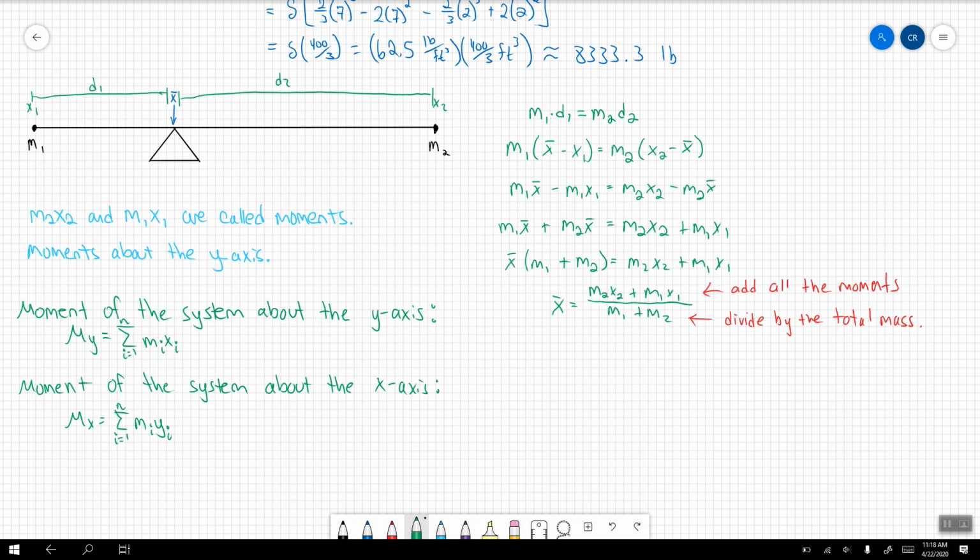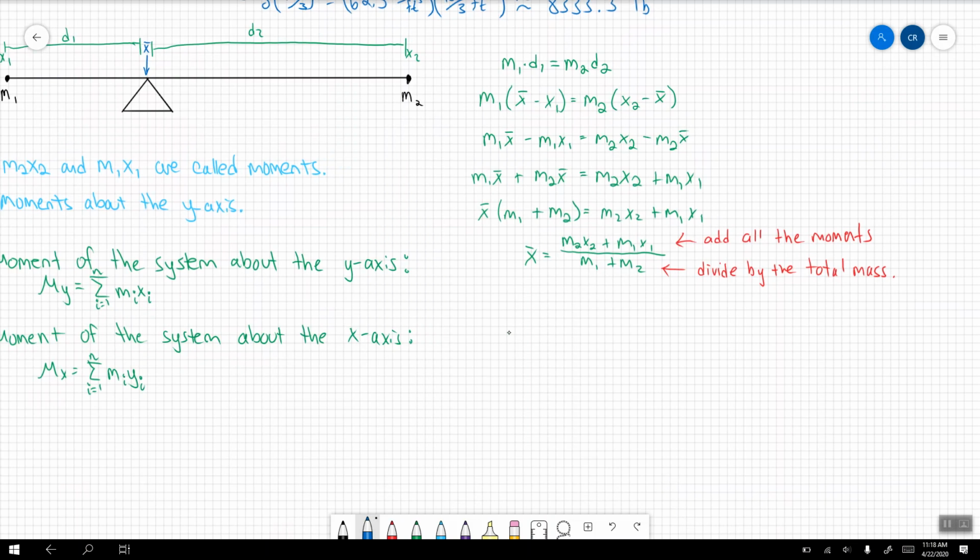All right, awesome. Now, in this particular case, we can then talk about a little bit more specifically x bar. X bar can now be thought of as, well, in this particular case, just the summation of all the moments about the y-axis. So that's going to be this guy here.